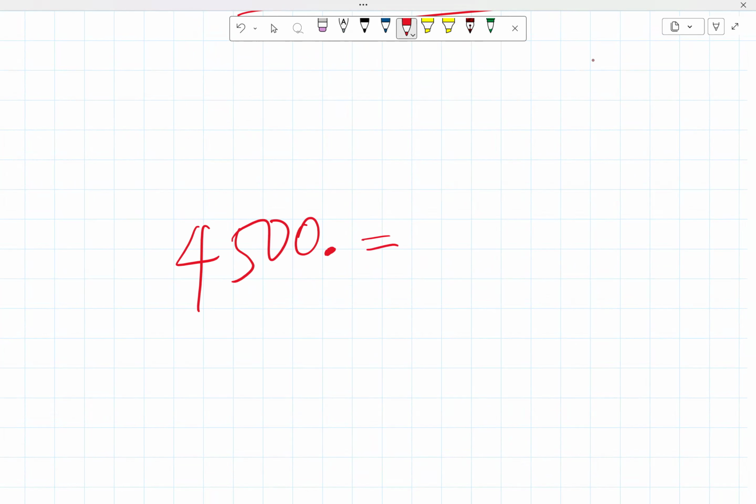You move the decimal point until you get an a from 1 to a number before 10. 4,500 is bigger than 10. If you move the decimal here, you have 450.0, which is still bigger than 10.